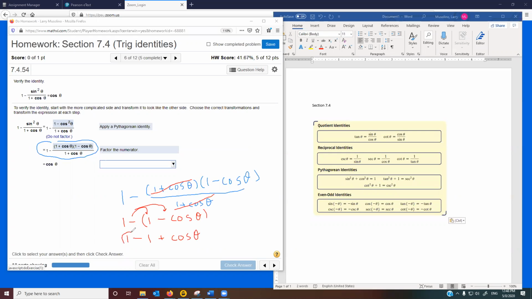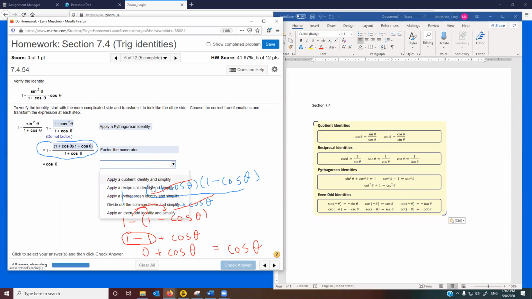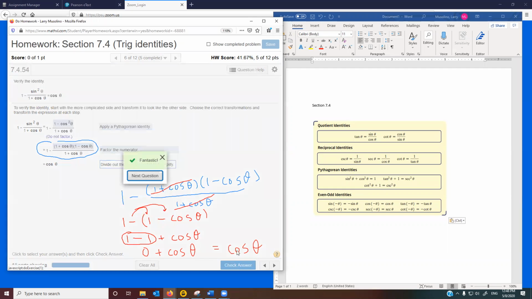But of course, 1 minus 1 is 0. So that's going to be 0 plus cosine theta. And you can see we end up with the final answer here, just cosine theta. So really, this was canceling out the common factor of 1 plus cosine theta that appeared on both the top and bottom. So we divided out the common factor and simplified to get the final answer here.